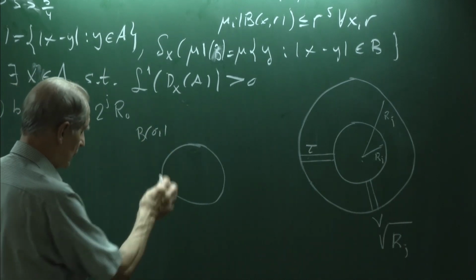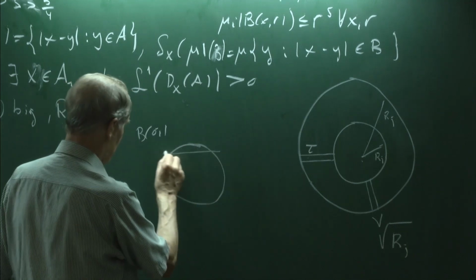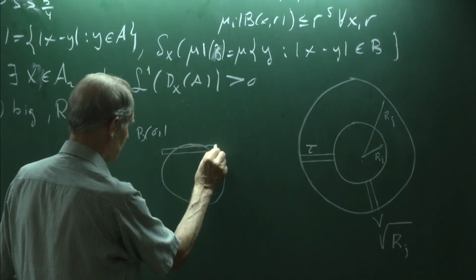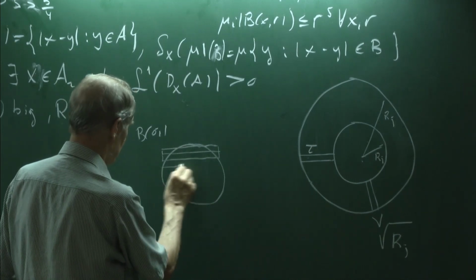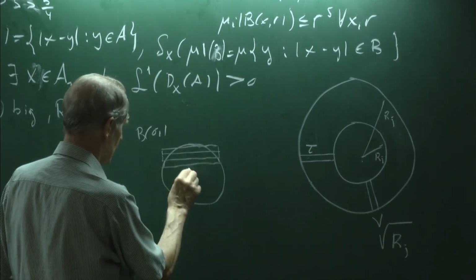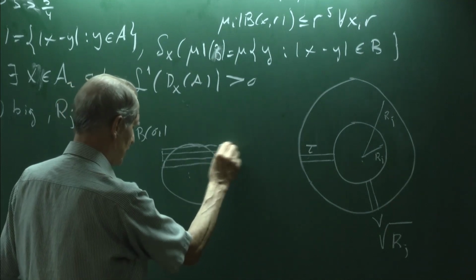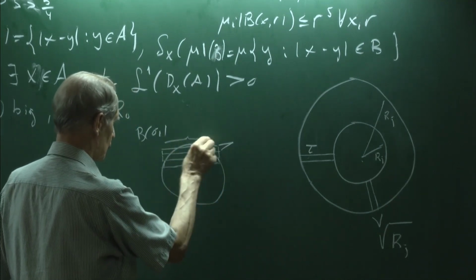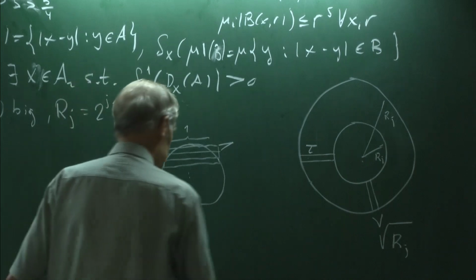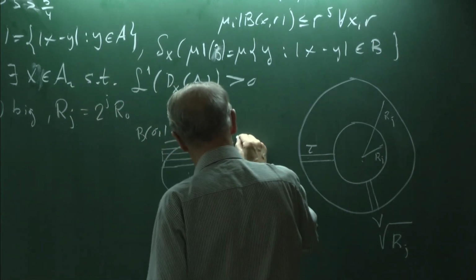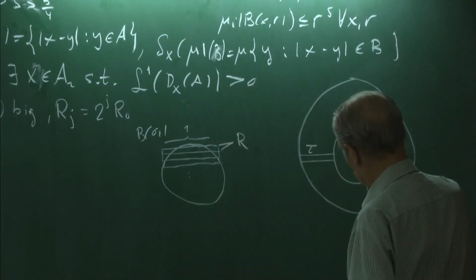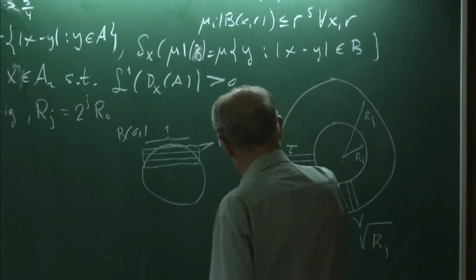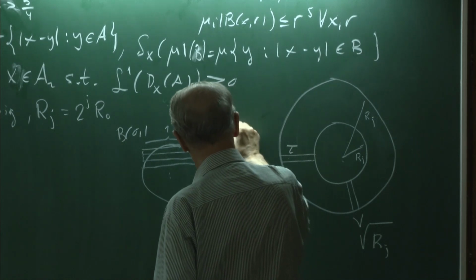And then I cover the unit disk with rectangles and so on. And these have side lengths, so this is essentially almost 1 or 2. It's the same, but this has a side length which is some kind of dual to this side length. And that means that it is R to the minus half.